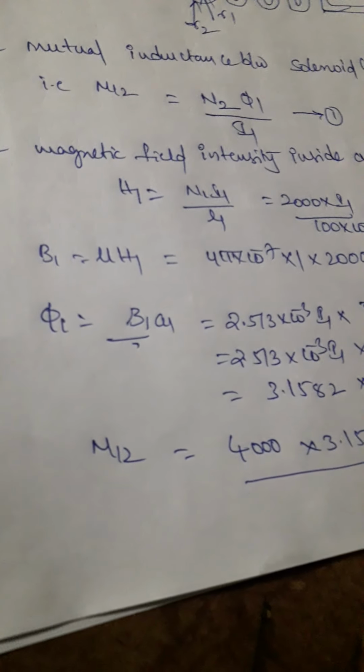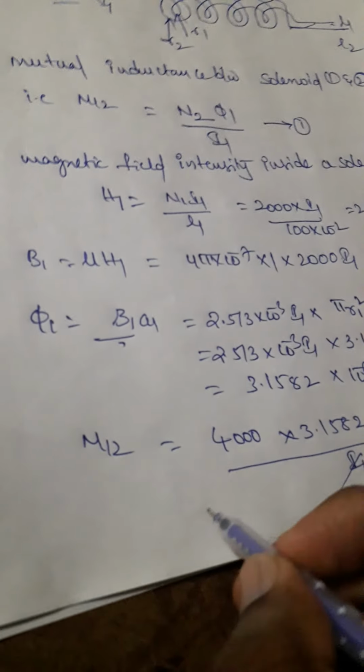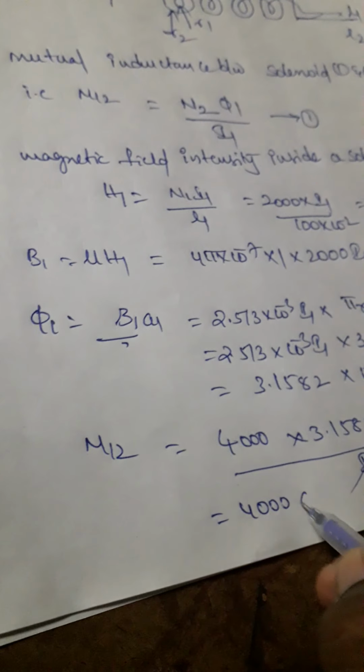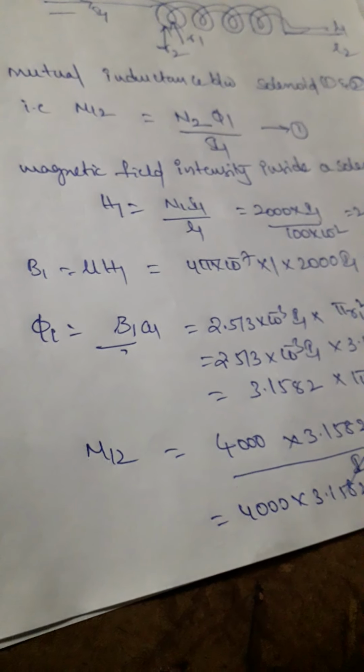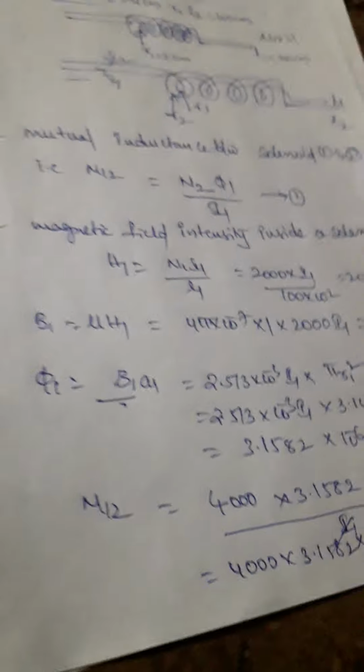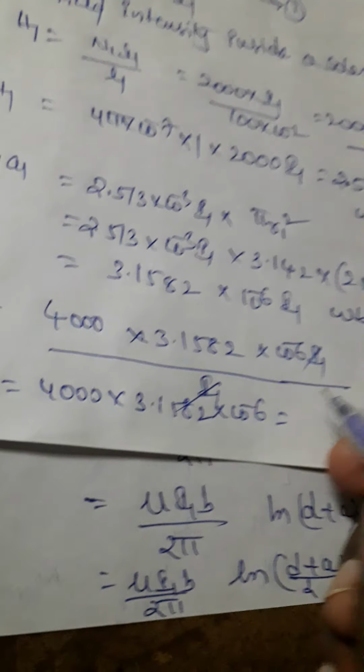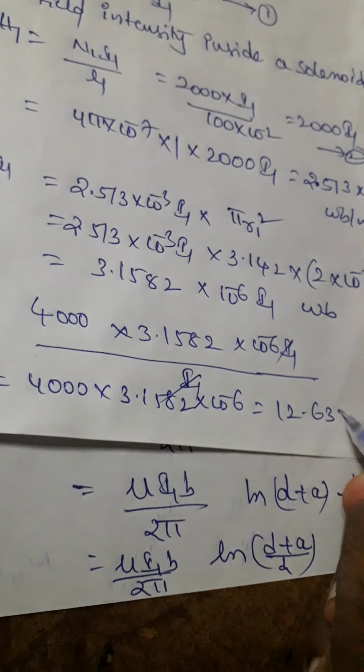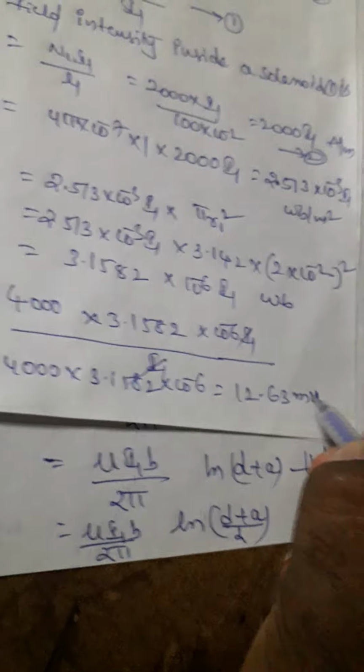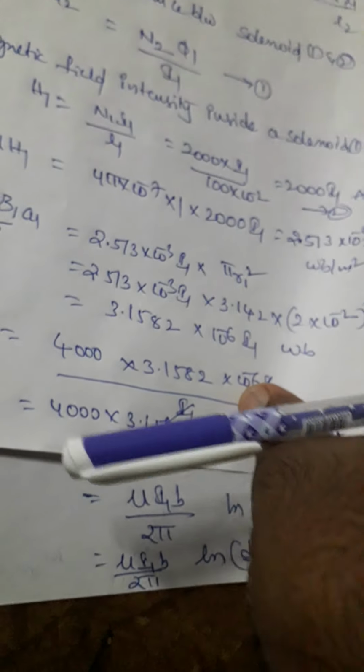I1 cancels. Then finally 4000 into 3.1582 into 10 power minus 6. Finally the value is 12.63 millihenry. So this is the answer for this question.